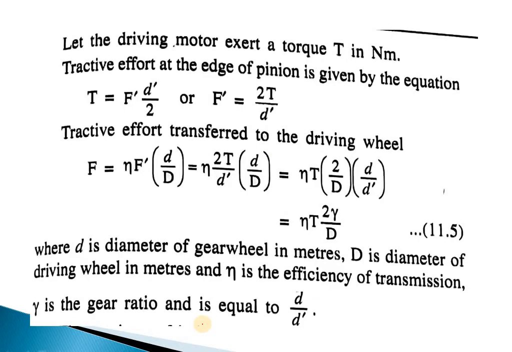Okay. Now next, the driving motor exerts the torque T in Newton meter. Tractive effort at the edge of the pinion is given by the equation T equals F' D' by 2. Here, this is the tractive effort at the edge of the pinion, and F' is the force, 2T divided by D'.